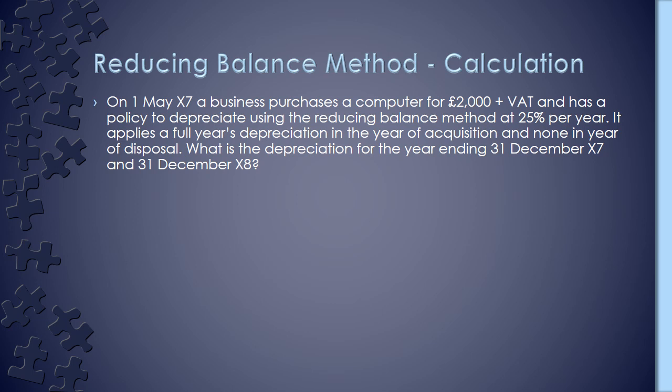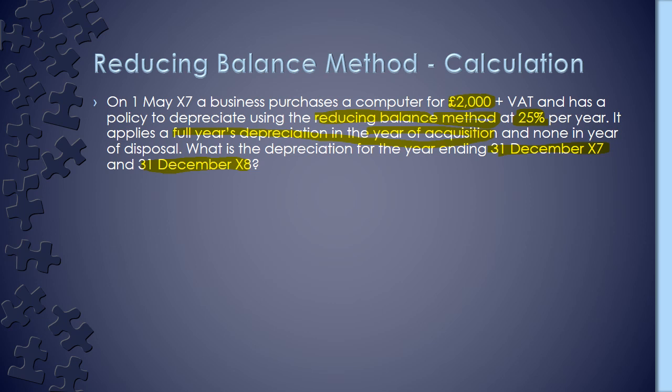We purchased a computer for £2,000 plus VAT, and it has a policy to depreciate using the reducing balance method at 25% per year. It applies a full year depreciation in the year of acquisition, and none in the year of disposal. What is the depreciation for the year ending 17 and the year ending 18?